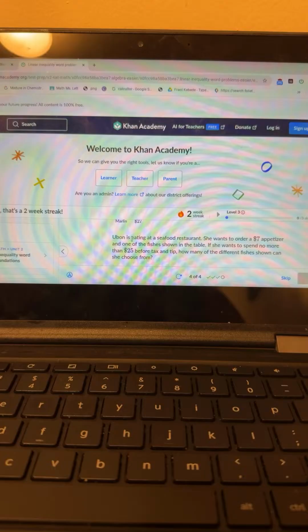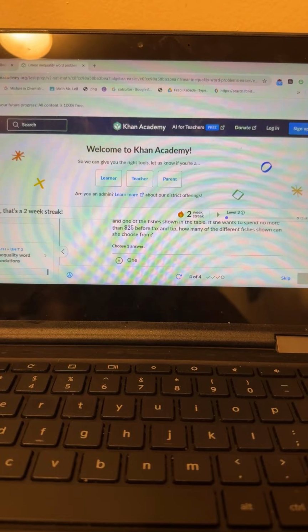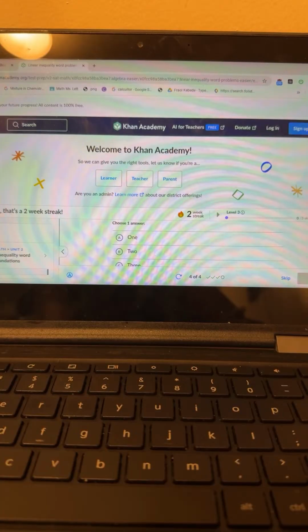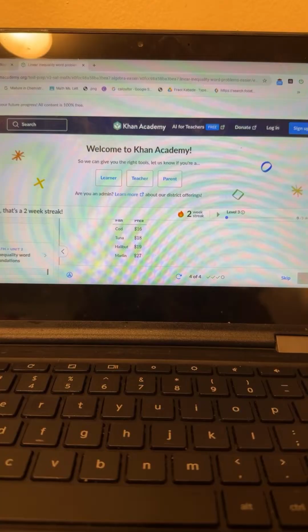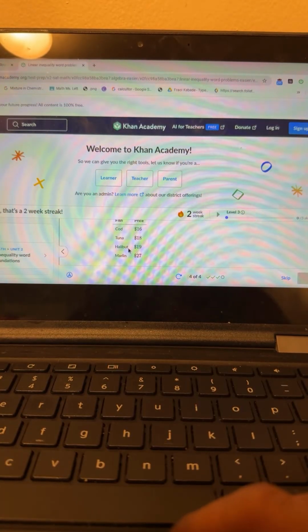If she wants to spend no more than $25 before tax and tip, how many of the different fishes shown can she choose from? 1, 2, 3, 4. Cod 16, Tuna 18, Haddock 19, Marlin 27.